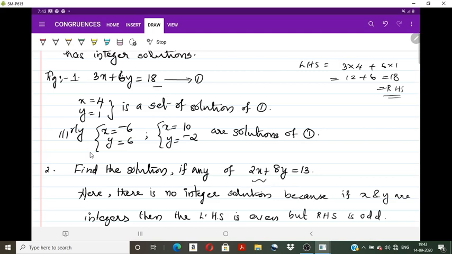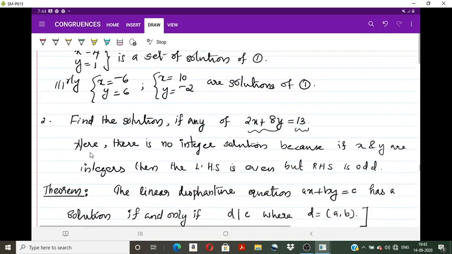So the left-hand side will be an even integer, which is equal to 13. But 13 on the right-hand side is not an even number, it is an odd integer. So this is a contradiction. That means this equation has no integer solution. So integer solutions do not exist for this equation, and this is not a Diophantine equation.